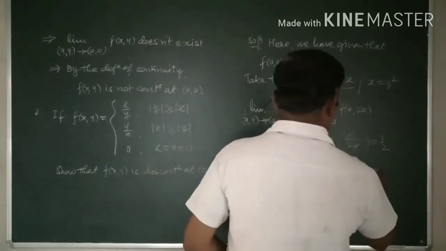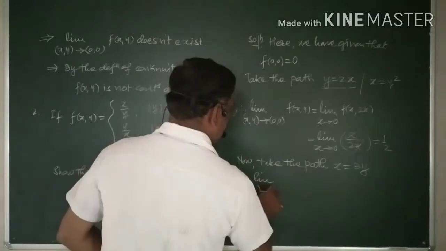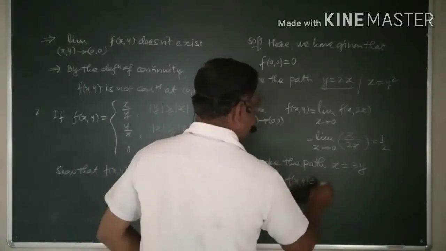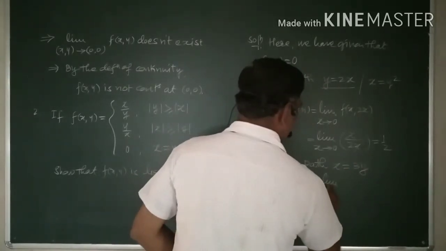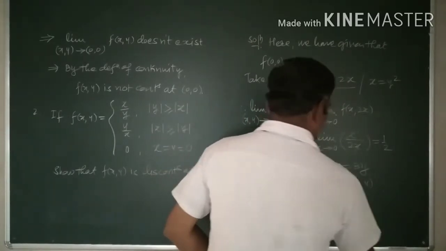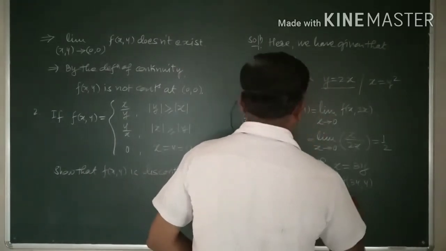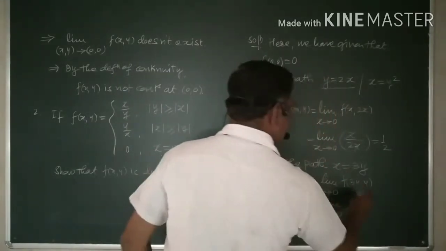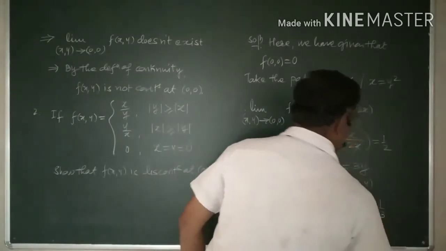Then the limit as x comma y tends to 0, 0 of f of xy, substituting x is equal to 3y, is the limit as y tends to 0 of f of 3y, y, which is the limit of y upon x, so y over 3y. The y cancels and I get 1 by 3.